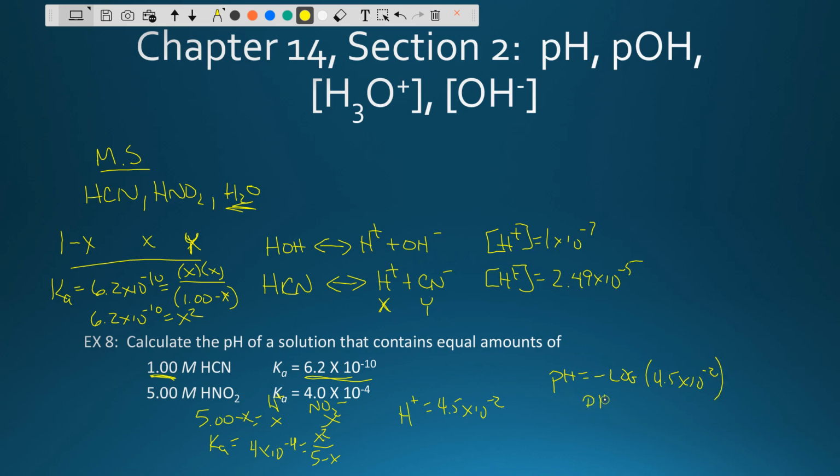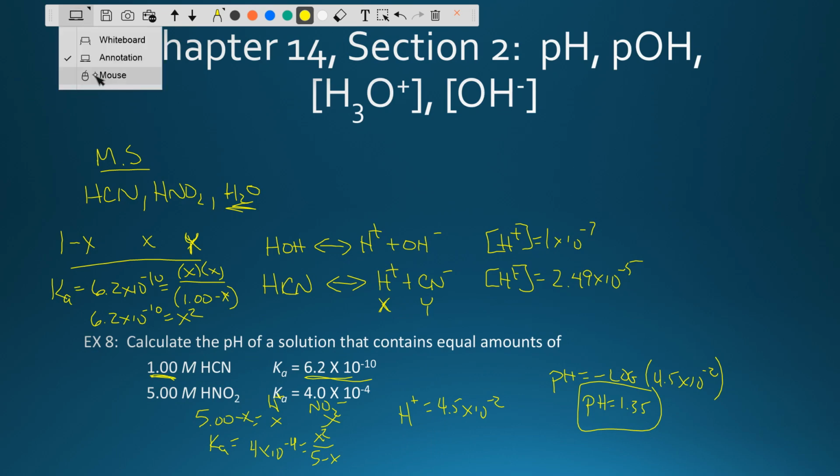And so my pH ends up being 1.35. All I was doing is taking one value and plugging it into the next value. That's all I need to do with that, and basically just account for all the species.